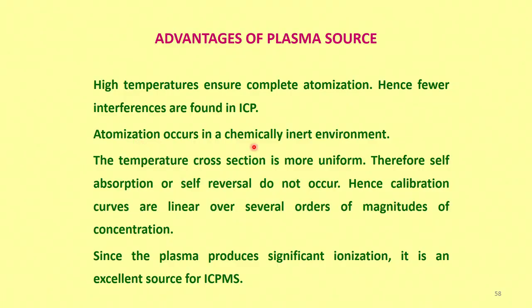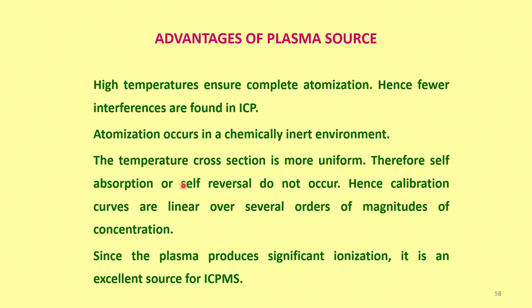So, the main advantage is high temperatures ensure complete atomization. So, fewer interferences are found in ICP. Why? Because high temperatures ensure complete atomization. So, atomization occurs in a chemically inert environment. This is another advantage.